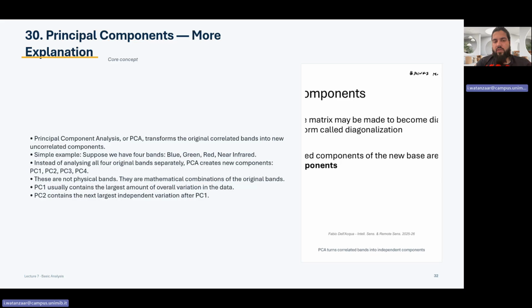On the other hand, PC2 contains the next largest independent variation after PC1, and it goes on in the same way. That's why principal component analysis is really important. Based on it, we can compare the components and look into the data. If there is a correlation or it is redundant, we remove it.